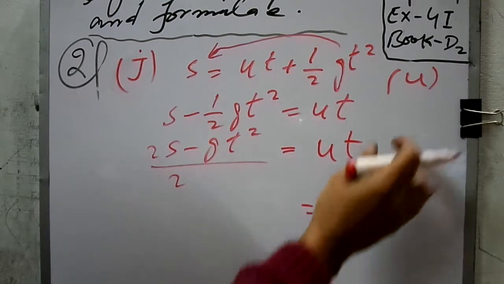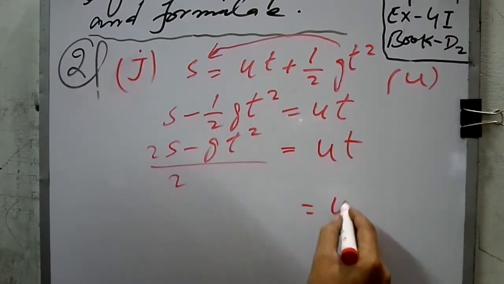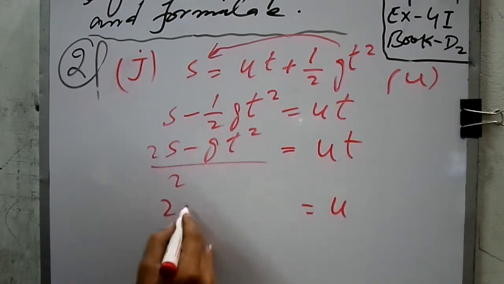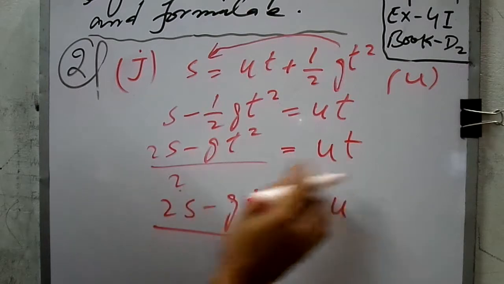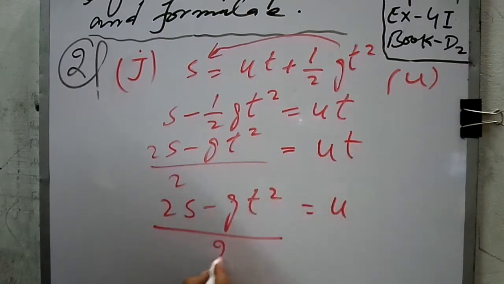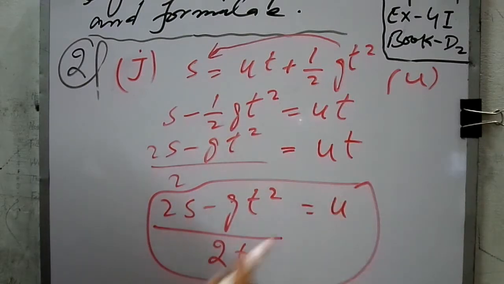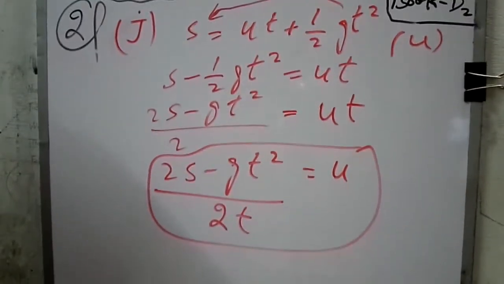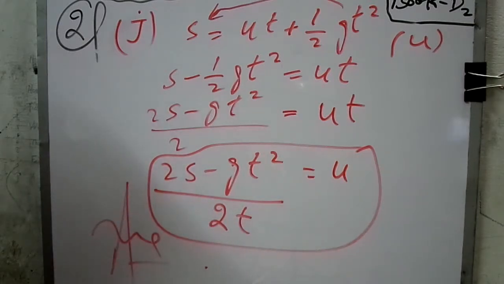We need the value of U, because we have to make U as a subject. So U is equal to, by using cross multiplication, 2S minus GT square divided by 2 will be multiplied with T, so it will be 2T. You can see here U became the subject, so that is your required result.